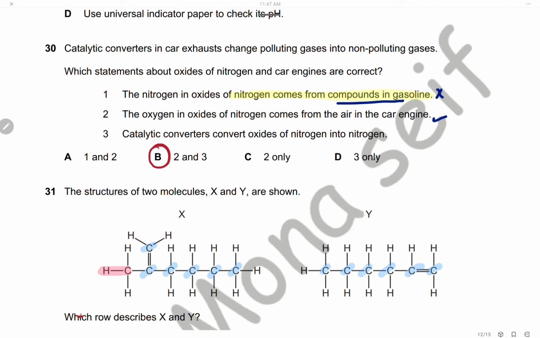This is correct. The catalytic converter converts oxides of nitrogen to nitrogen gas, and this is correct because it converts pollutant gases into non-polluting gases. It converts carbon monoxide into carbon dioxide and nitrogen oxides into nitrogen gas. So we have two correct statements, 2 and 3. The answer will be B.